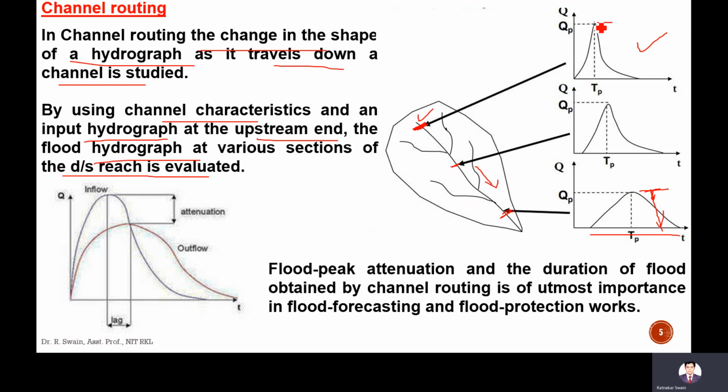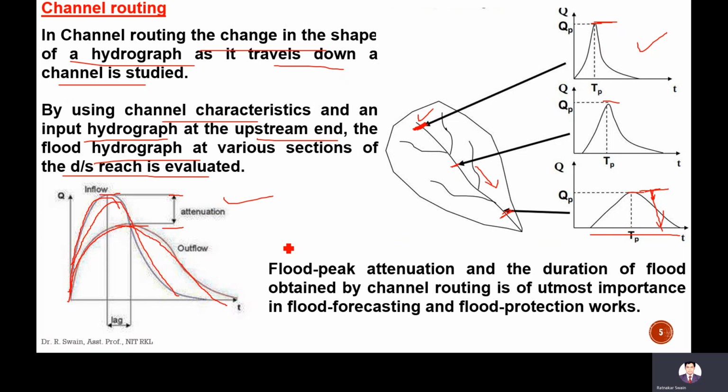And this reduction of the peak from this value to this value is called attenuation. This is the inflow hydrograph of any particular upstream station. That is the outflow hydrograph that we have determined at any downstream section. The difference of the peak discharge is called attenuation.